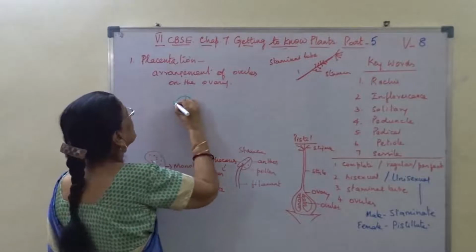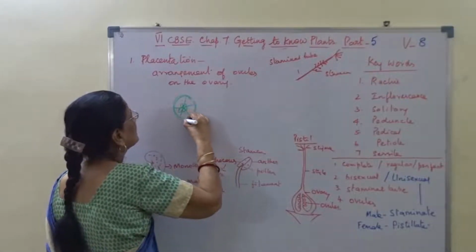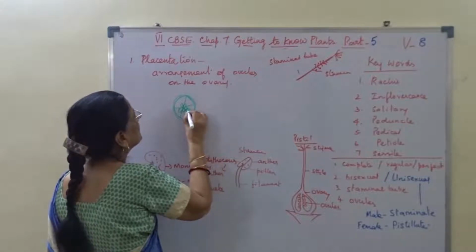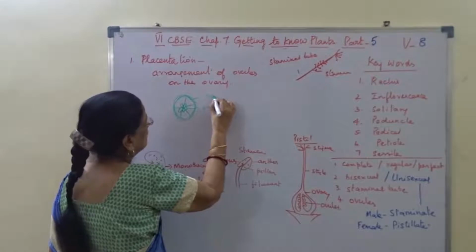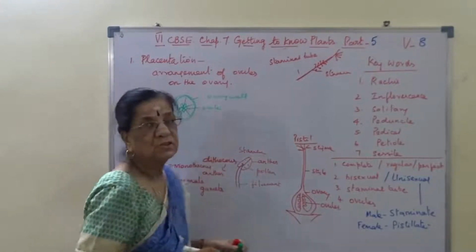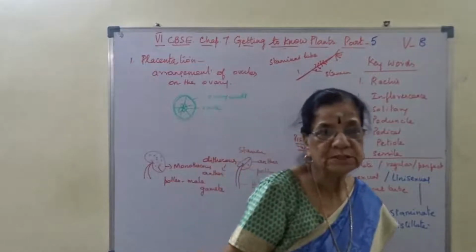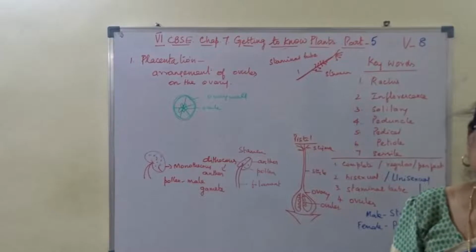So here, I repeat, this is the ovary, this is the ovule or the seed actually, and this is the ovary wall. The arrangement of ovules on the ovary is called placentation.